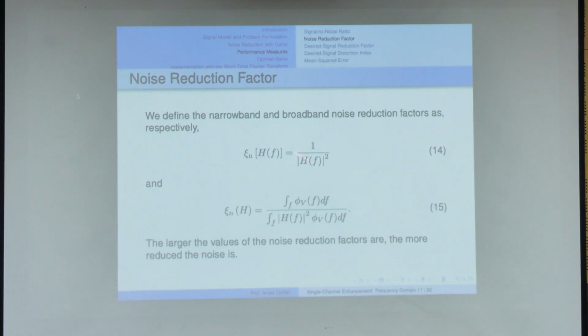Make sure that you don't take the integral here, because this was reduced. You need to keep the variance of v in the numerator and denominator, then take the integral. Of course, because it's the energy, the total variance of the noise at the input and the output. This is the noise reduction factor, narrowband and broadband.